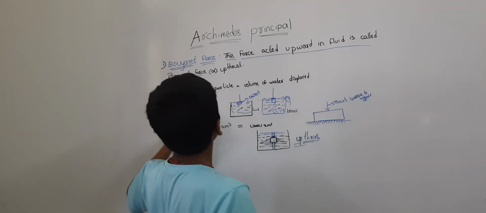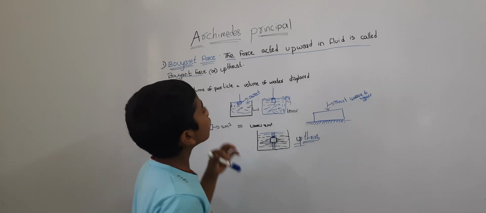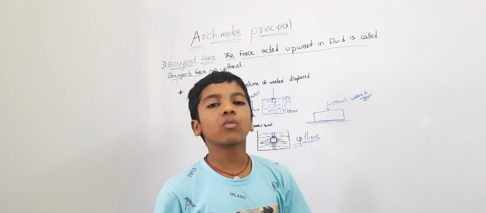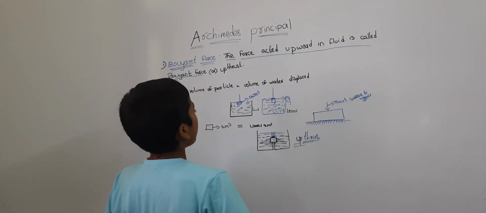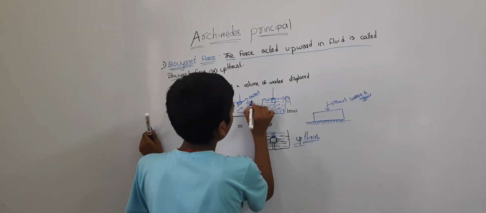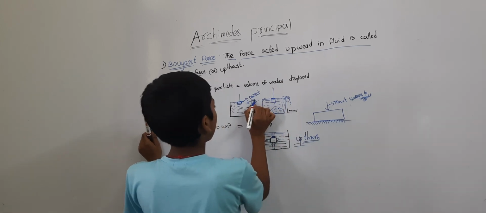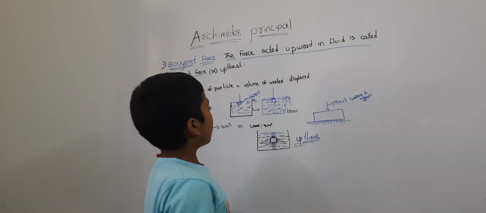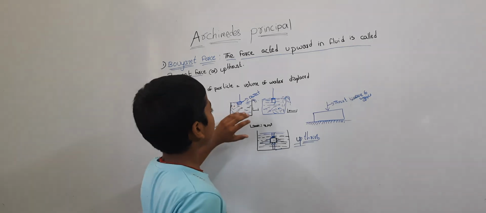Now we see about buoyant force. Volume of the object is equal to volume of the water displaced. Here displaced means the volume of water that was spilled. Take a container like this with a hole for the water to go out, and drop a 2-meter cube object in it.